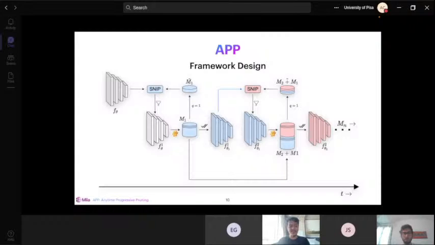Let's say you have a target sparsity of 80% that you want at the end of training, a model which is 80% sparse as compared to the model that you started with, and your stream has 8 megabatches in total. What we do is we prune progressively at each megabatch by 10%.